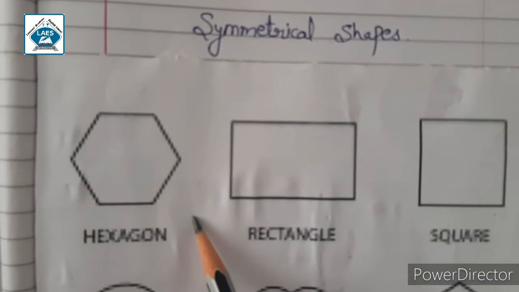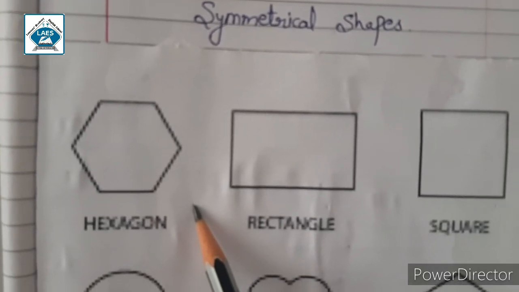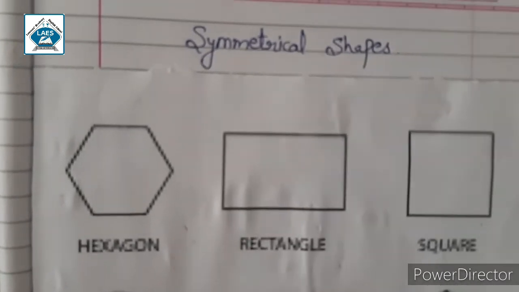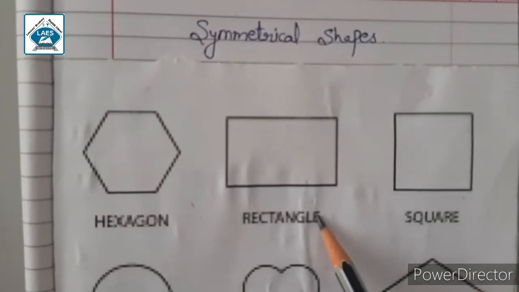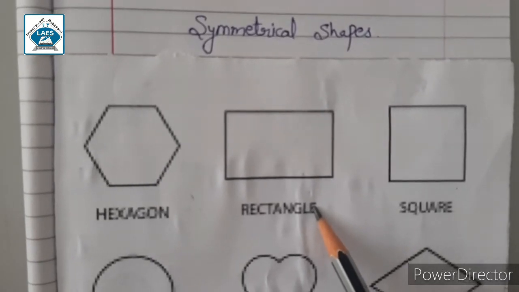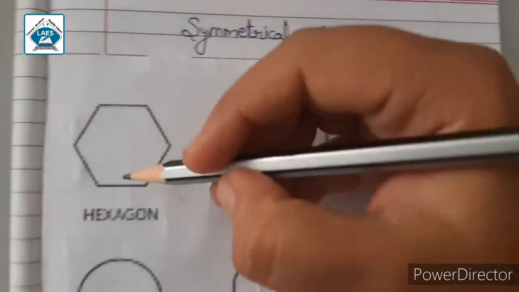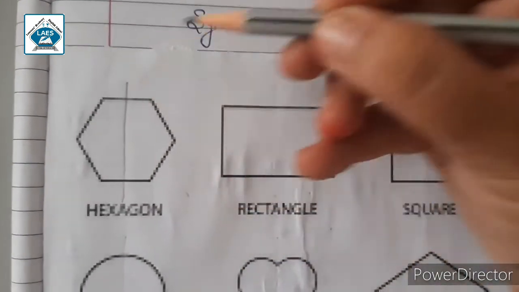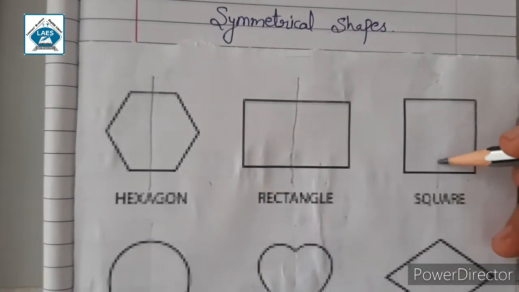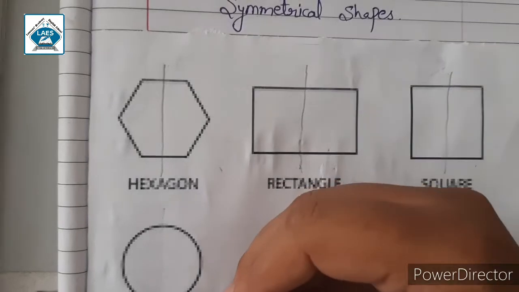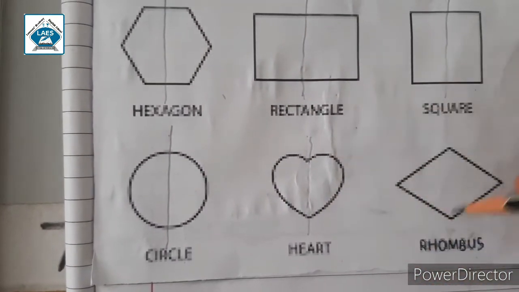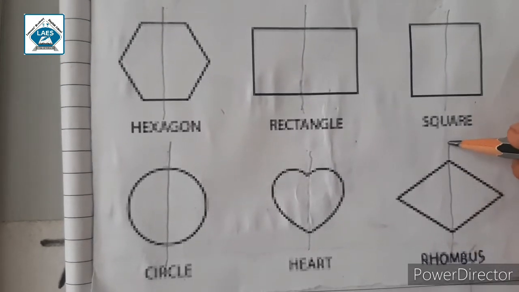If you draw a line vertically, or you can also draw horizontally, you will get that this shape is dividing into two parts. Draw a line: rectangle and square, circle, heart and rhombus.